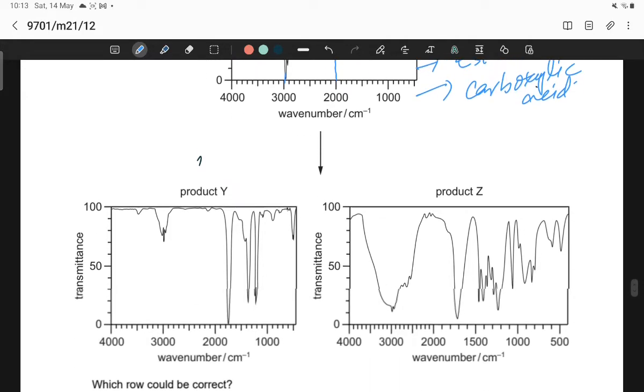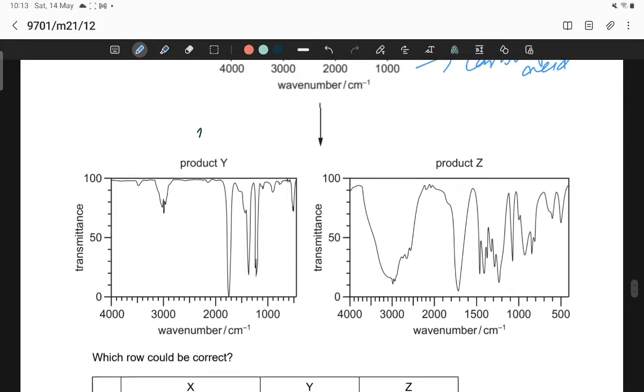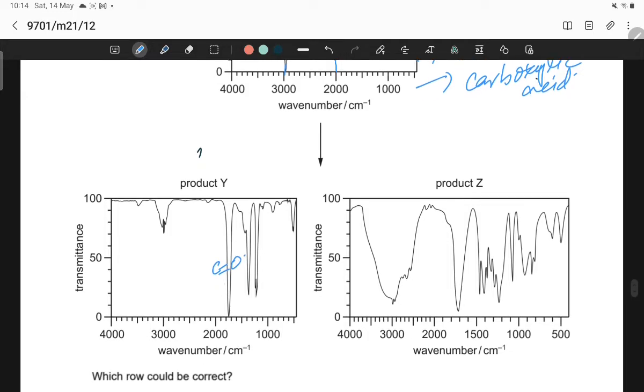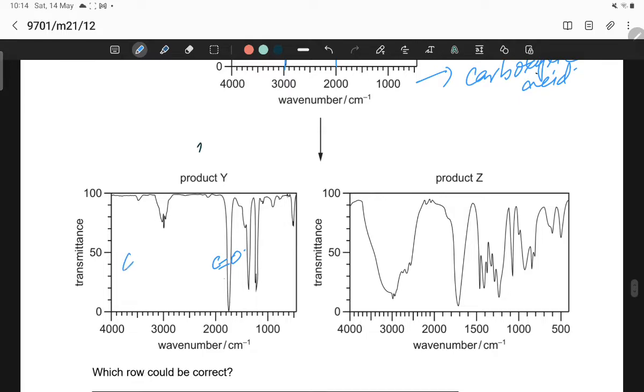So Y and Z: the sharp C=O peak is present but the OH peak is absent.